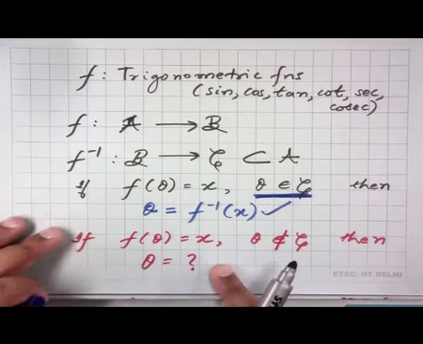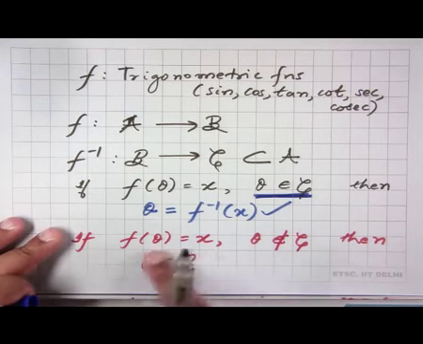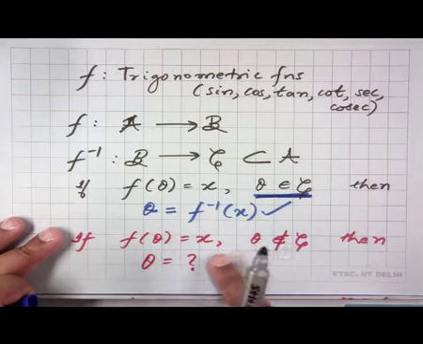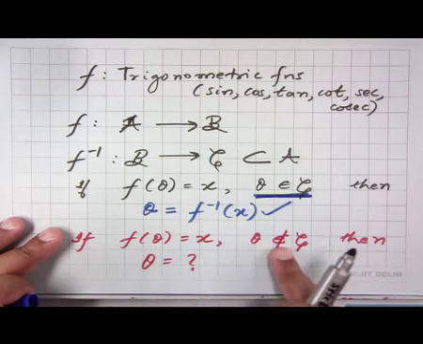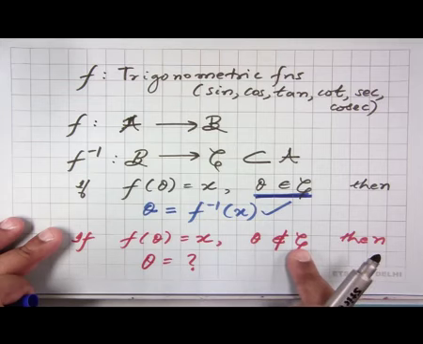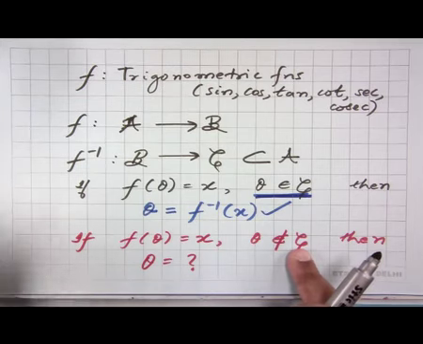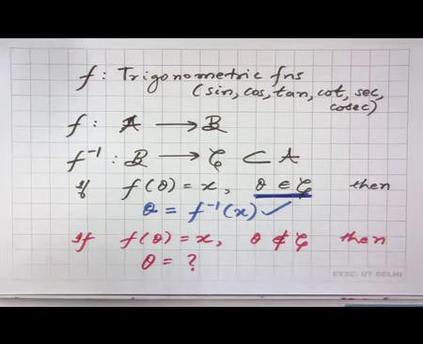But let us say that we have the same problem, f of theta equal to x, we have to find theta, but it is said that we need to find a value of theta which does not belong to the range set of f inverse. Then the question is, how do we find theta now?